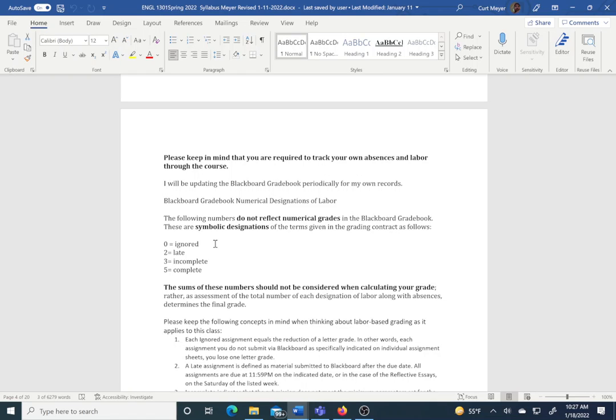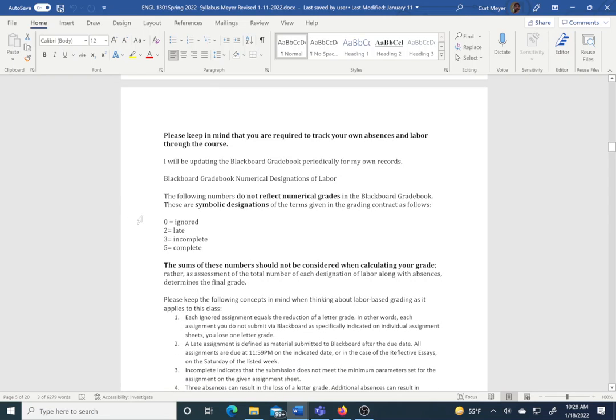For example, most assignments are due Saturday before midnight, going into Sunday, and you would be required to turn that in on time to receive complete, and that ultimately, because of the asynchronous nature of the class, functions as your attendance.